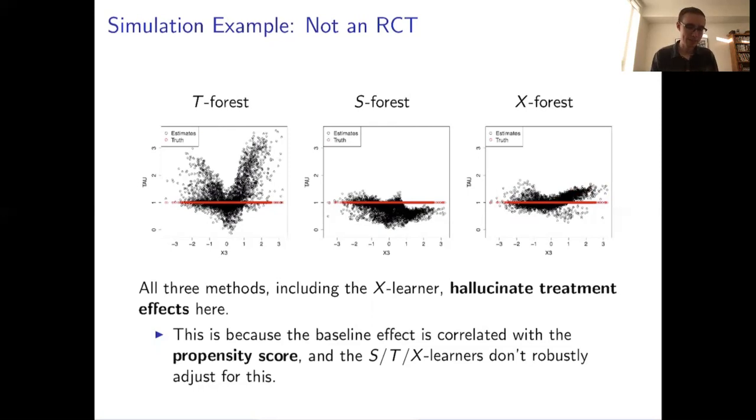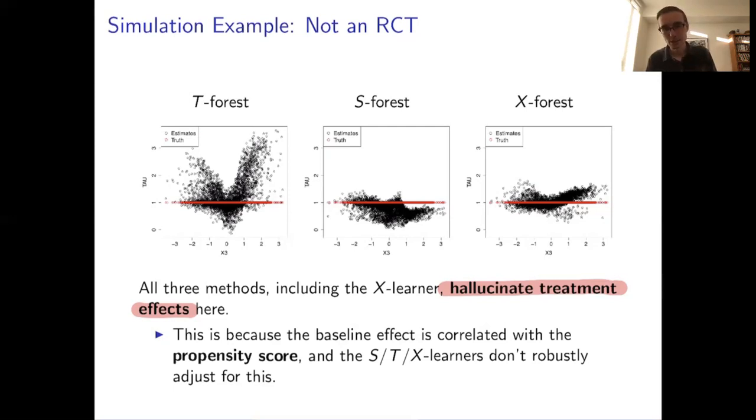Overall, all three methods here, even though the treatment effect is constant at 1 with no heterogeneity, hallucinate heterogeneous treatment effects. I should emphasize the word heterogeneous on the slide also.